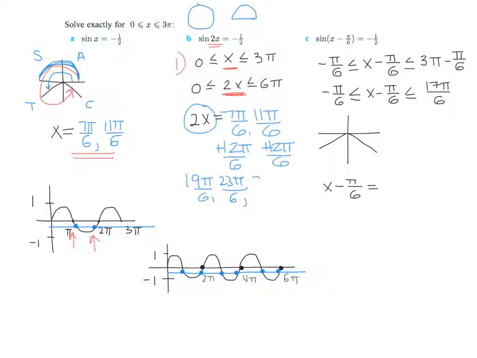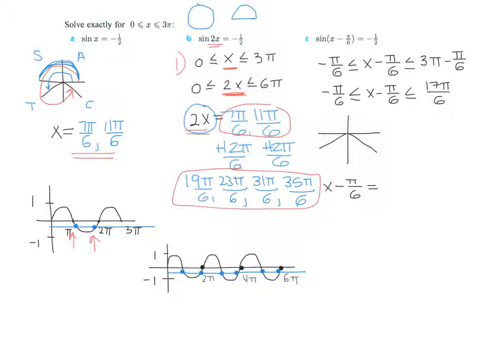So the next answer will be 31 pi over 6 by adding 2 pi onto 19 pi over 6, and the last answer will be 35 pi over 6. Notice in here that these 6 angles are equal to 2x, but we want to solve for x.